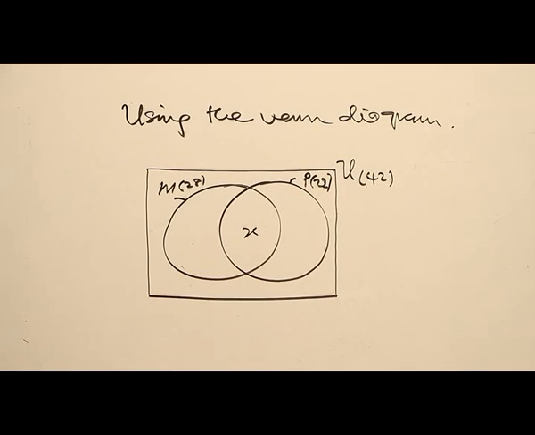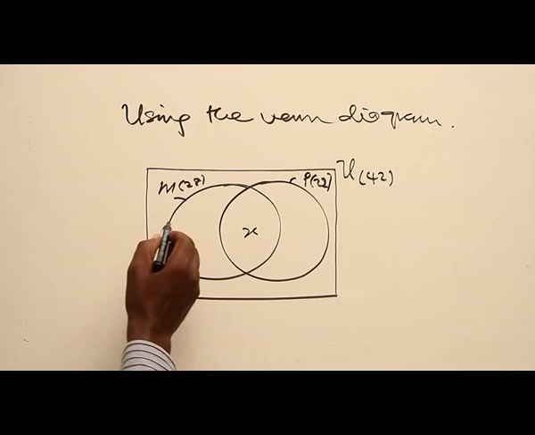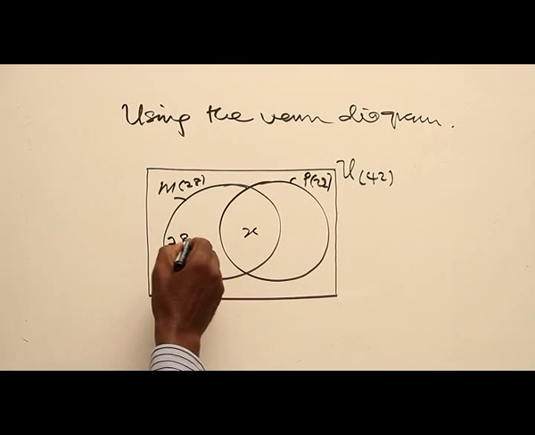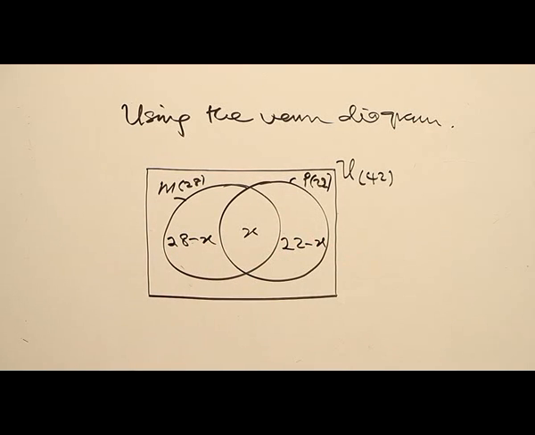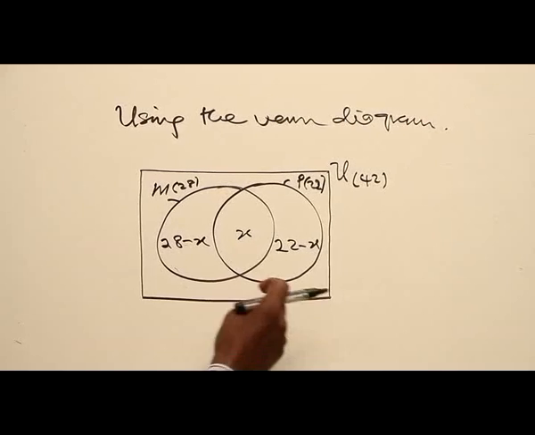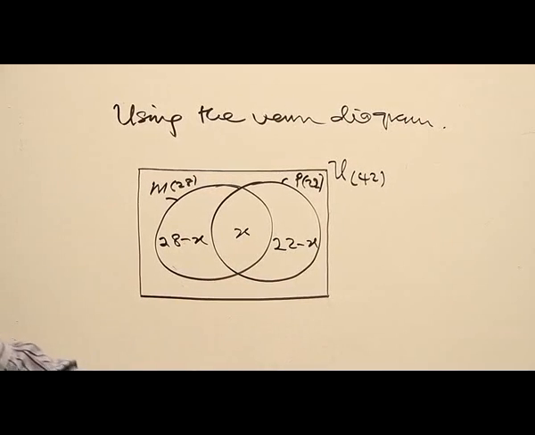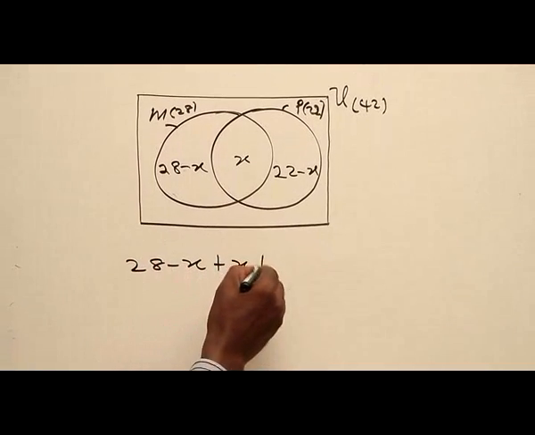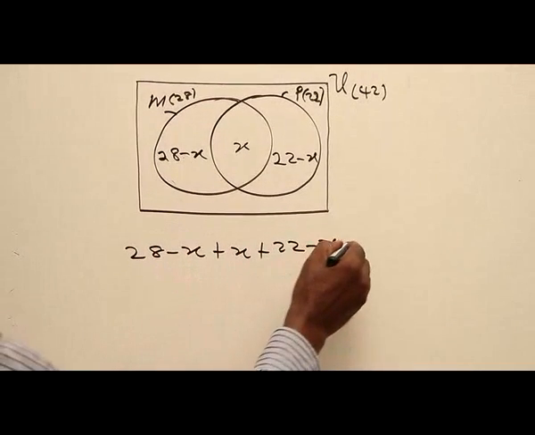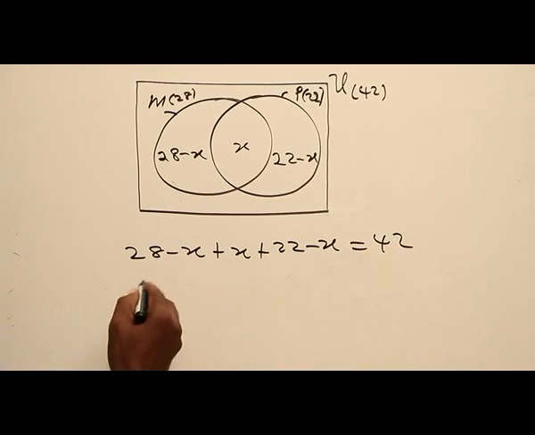Meaning that those who are offering both maths and physics, what remains here will be 28 minus S, what remains here is 22 minus S. Since all of them are offering either physics or mathematics or both, there is no one outside the region. So we have now that 28 minus S plus S plus 22 minus S will be equal to 42.